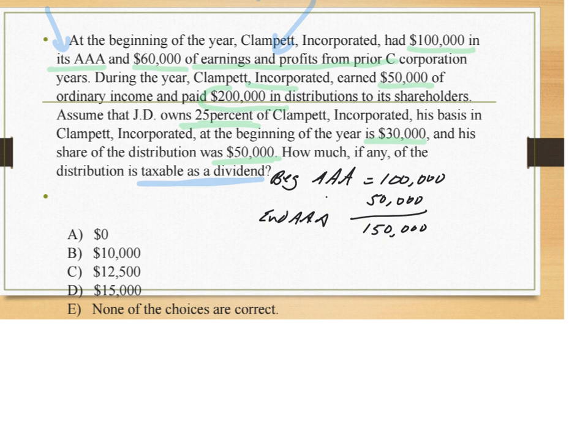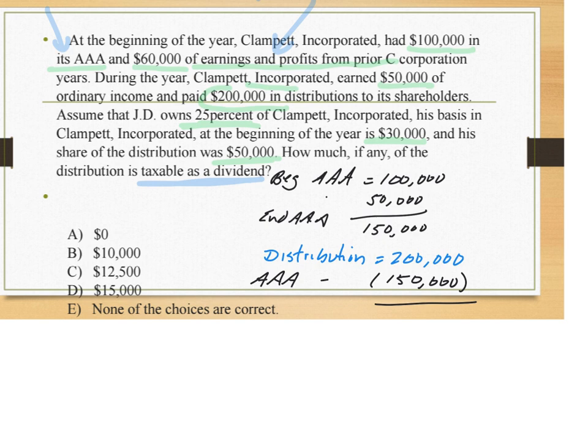So the distribution, I'm going to change colors here, was $200,000 minus $150,000 from AAA.